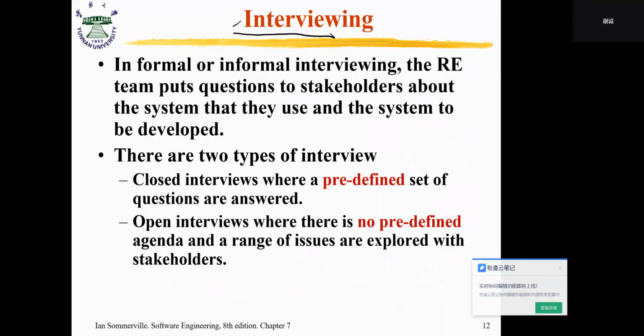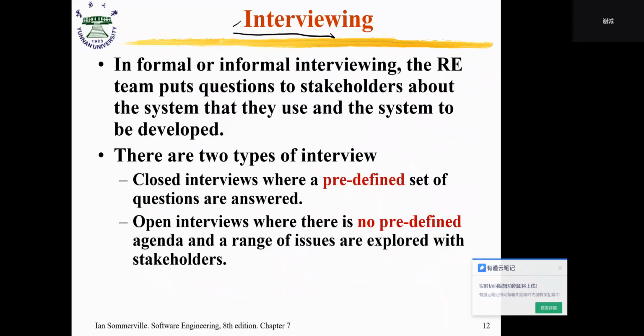Interviews can be done formally and informally. The requirement team puts questions to stakeholders about the systems that they use and the system to be developed.